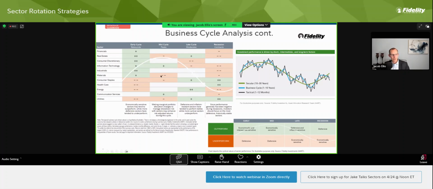The double negatives were consistently poor performers on a relative basis. Minus or plus represent, yes, performance, but maybe not as consistently. White boxes say there wasn't a clear pattern.